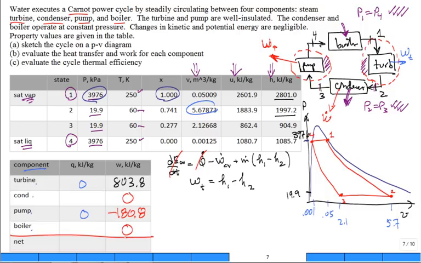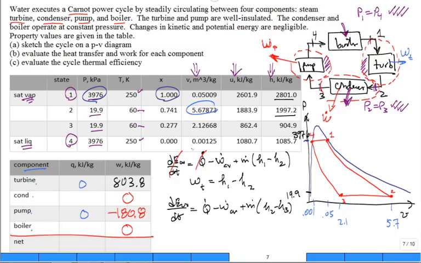You do the first law for the condenser. And what we find, let me just write it down. The rate of change of energy in the control volume around the condenser with respect to time is equal to the Q dot into the working fluid minus any shaft work, none, plus the mass flow rate coming in at 2 minus out at 3.